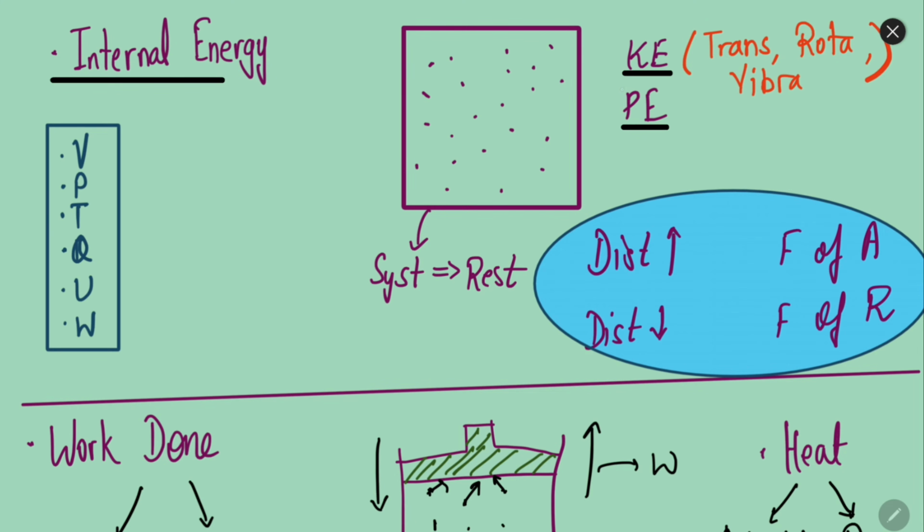Usually we do not consider potential energy that much, because in thermodynamics most of the time we discuss gases. In gases the force of attraction between molecules is almost zero, so there is no potential energy between them. So internal energy is the energy of the molecules or particles present in the system.